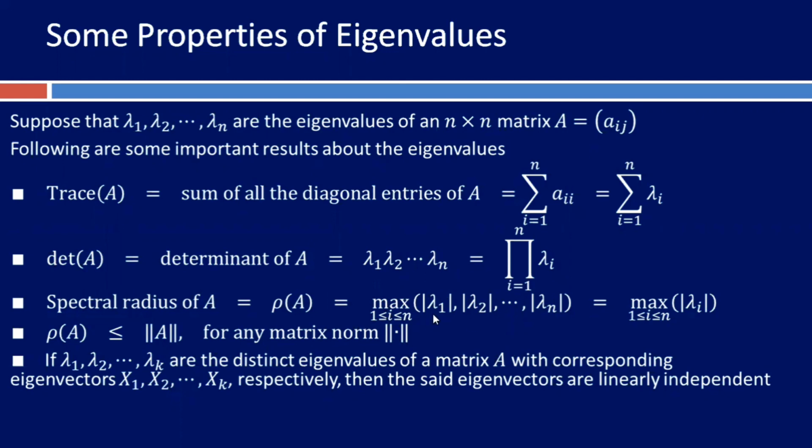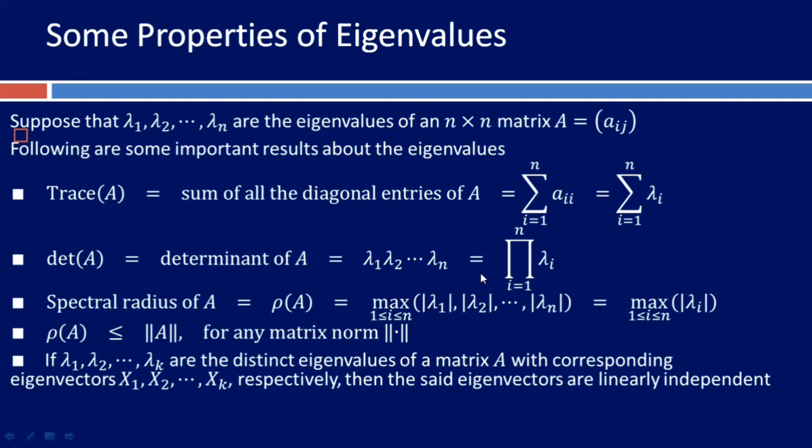If we have -3, you first find its absolute value, which is 3. So find the absolute values of all eigenvalues, and the maximum is the spectral radius. The spectral radius is always less than or equal to the norm of the matrix. And if the eigenvalues are distinct, the corresponding eigenvectors are linearly independent.